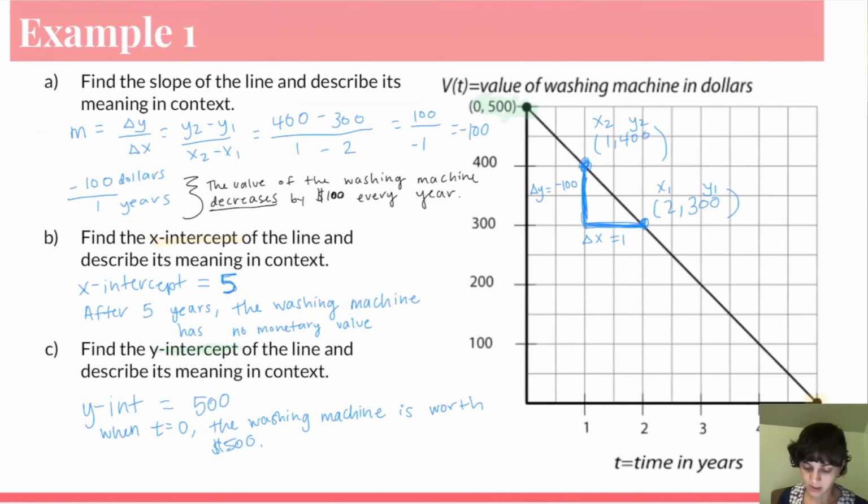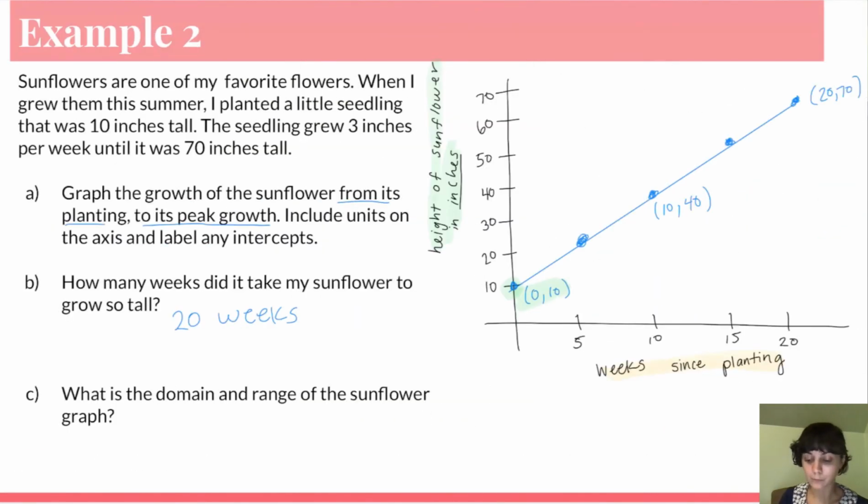Like this washing machine price graph didn't go on and on forever, because you can't have negative time, and a washing machine can't be worth negative money, right? So it has endpoints. And same thing with my graph right here. And so let's think about my domain. It starts at 0 and then goes all the way to 20. And this is my weeks.